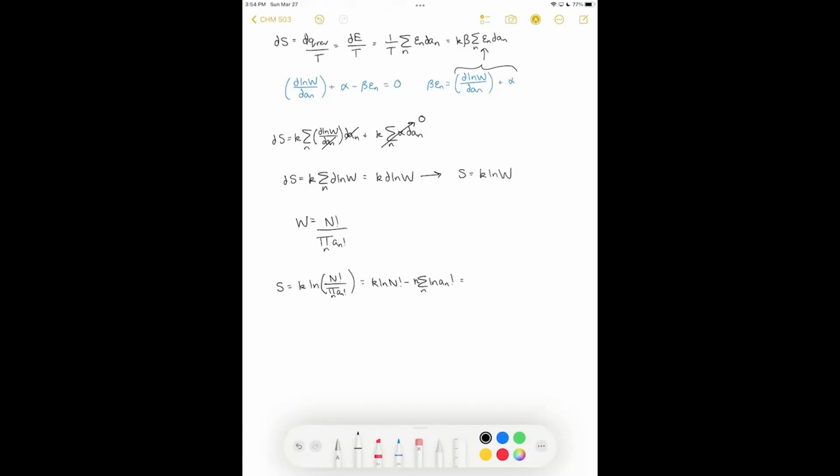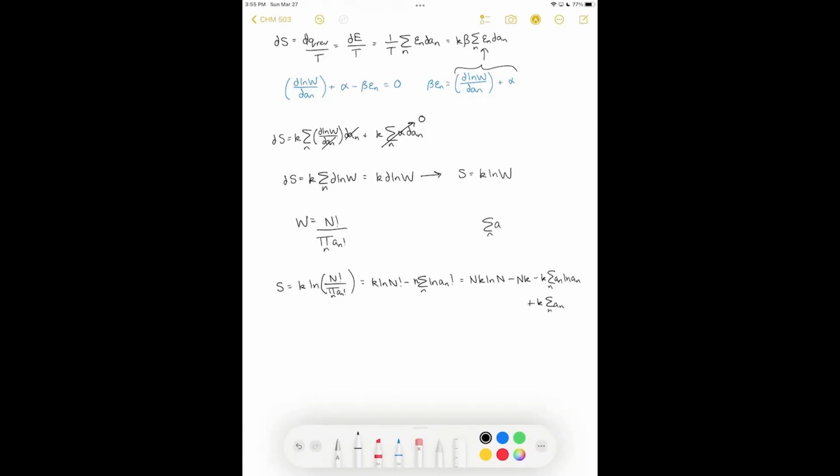And then with this, we get Nk natural log of N minus Nk. And then our sum terms here get us minus k times the sum of a sub n natural log of a sub n. And then we have plus k times the sum over n of a sub n. We've seen this before. The sum of our a sub n's, right?